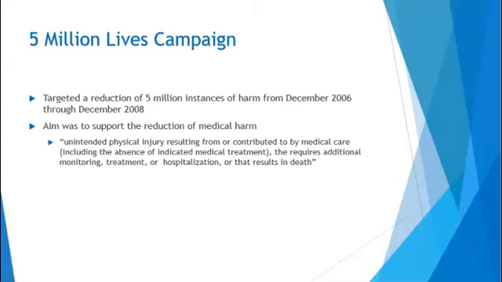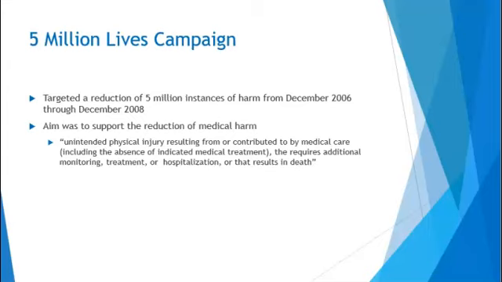So, the 5 Million Lives campaign was targeted for a reduction of 5 million instances of harm from December of 2006 to December of 2008. Its aim was to support the reduction of medical harm, so unintended physical injuries resulting from or contributed by medical care, including the absence of indicated medical treatments, that requires additional monitoring, treatment, or hospitalization, or that results in death.